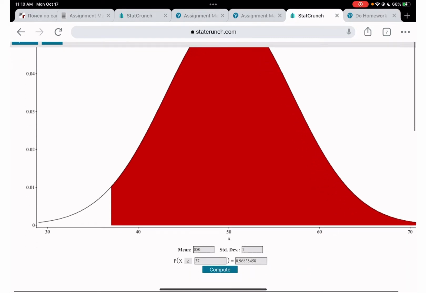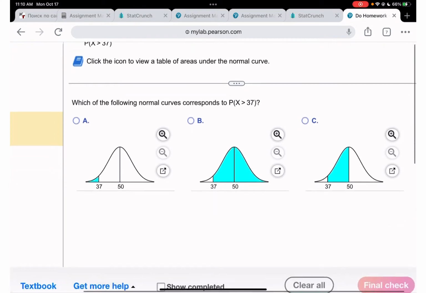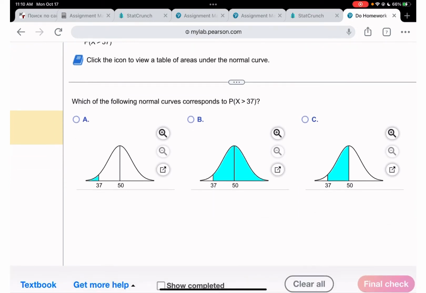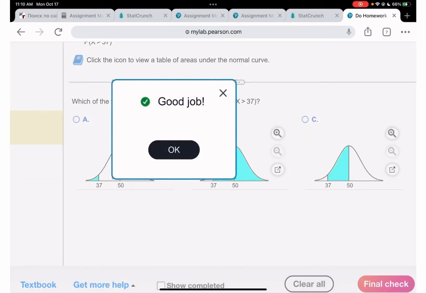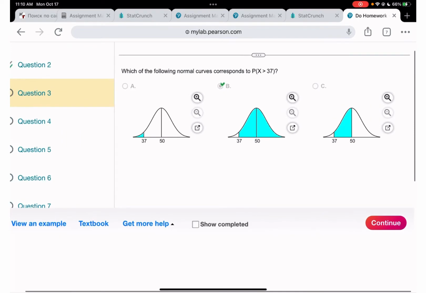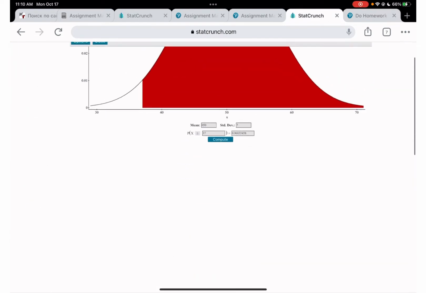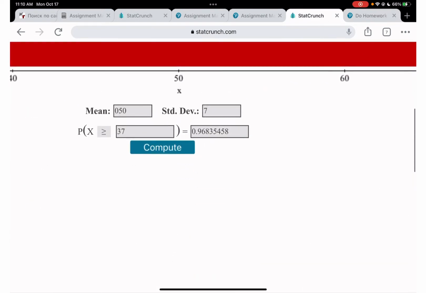It's going to be like this one, starting less than 40. Oh, it doesn't want that. Oh, here it is. It was 0.9684.